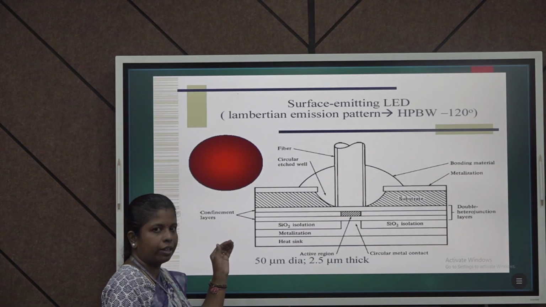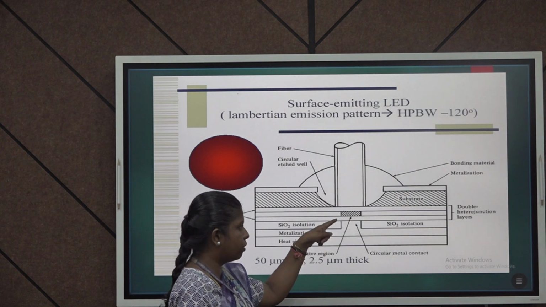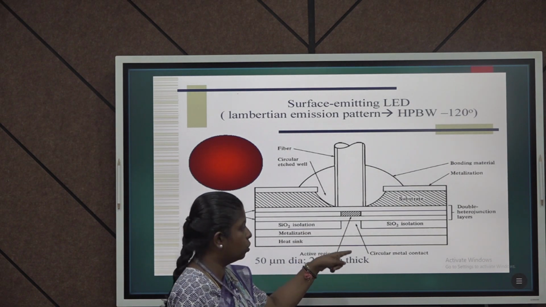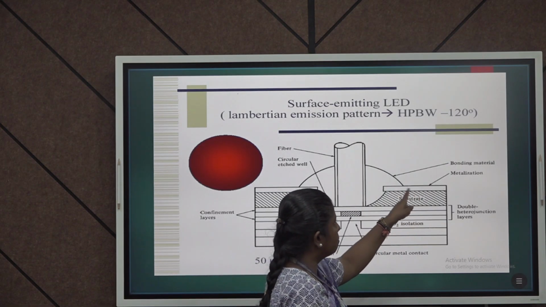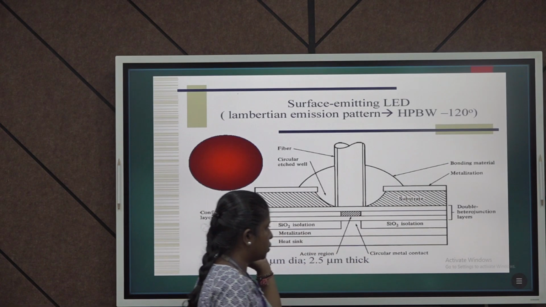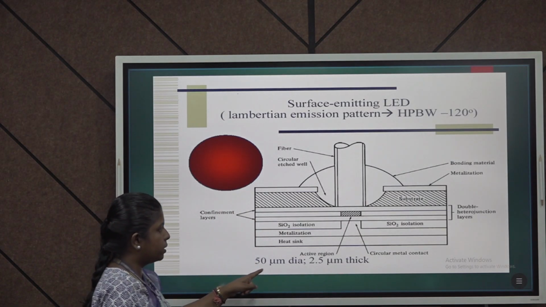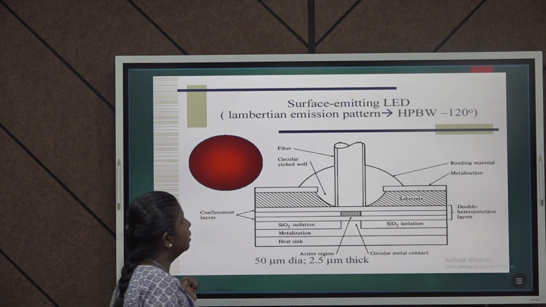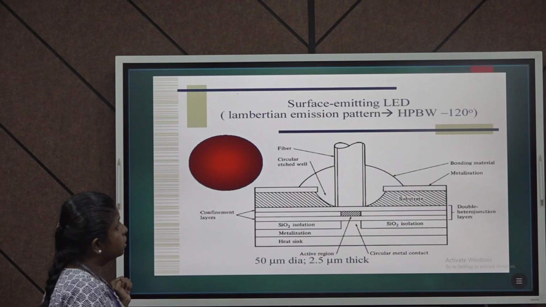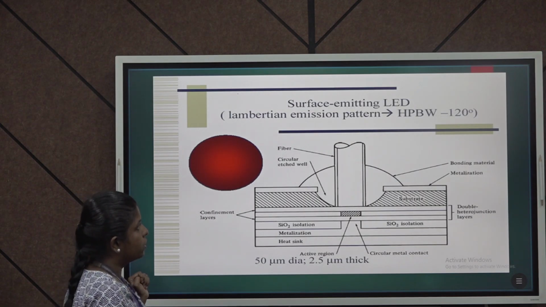There will be heat emission, and the active region is in the center, connected to the core and the circular metal contact, and there will be a bonding material, and again metallizations. The specific diameter is about 50 micrometers, with a thickness of 2.2 micrometers, and it shows a Lambertian emission pattern with a half power beamwidth of 120 degrees.